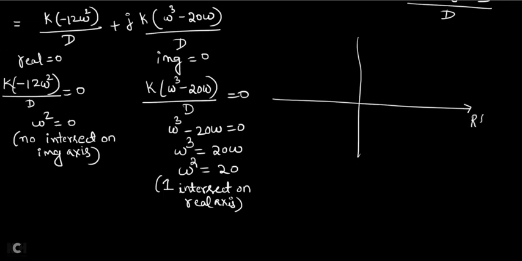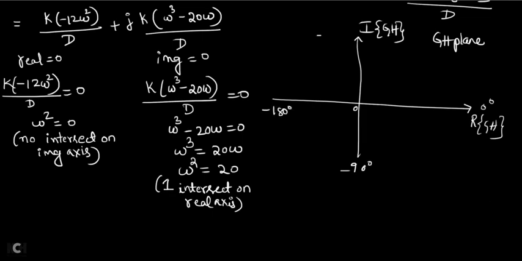So real part of G into H, imaginary part of G into H. This is the GH plane, origin. 0 degree, minus 90 degree, minus 180 degree, minus 270 degree. Okay. Now I will start marking my axis. Where is the starting point for A?